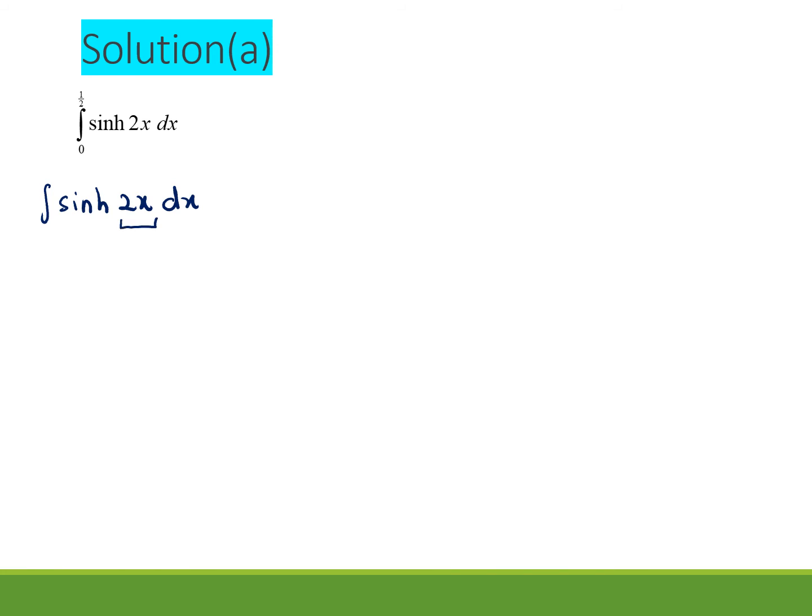We have u equal to 2x. So our du over dx is equal to 2. So our dx will be equal to du over 2. Okay, now we represent this integration in u: sinh of u, and our dx is now du over 2.